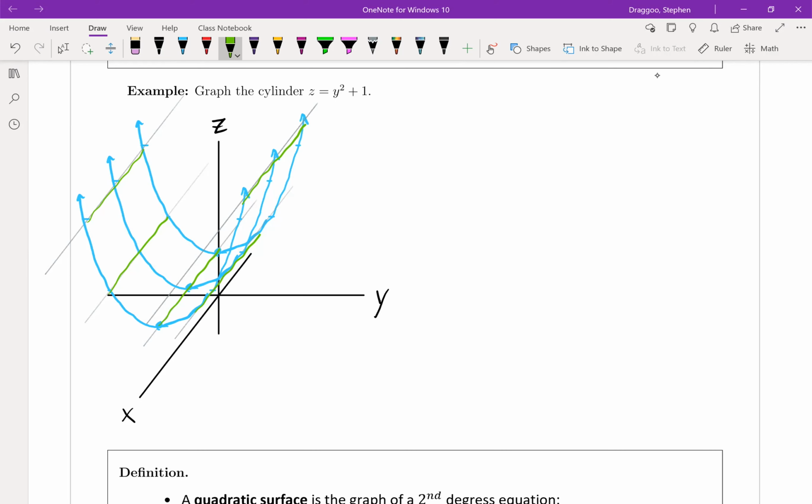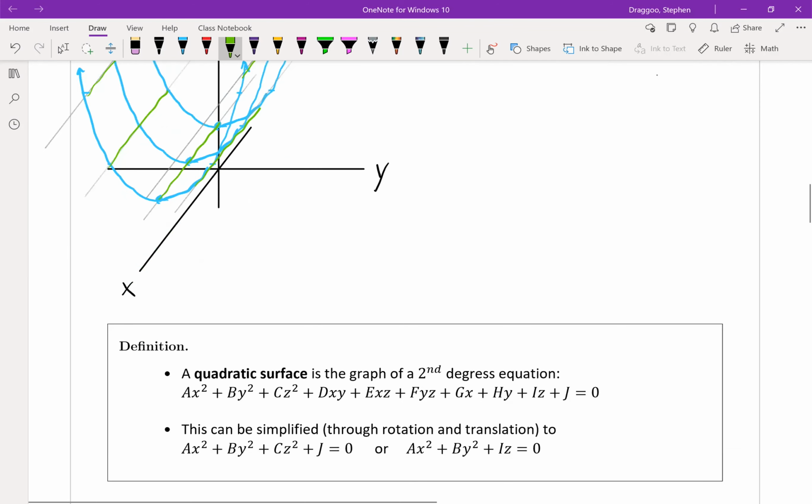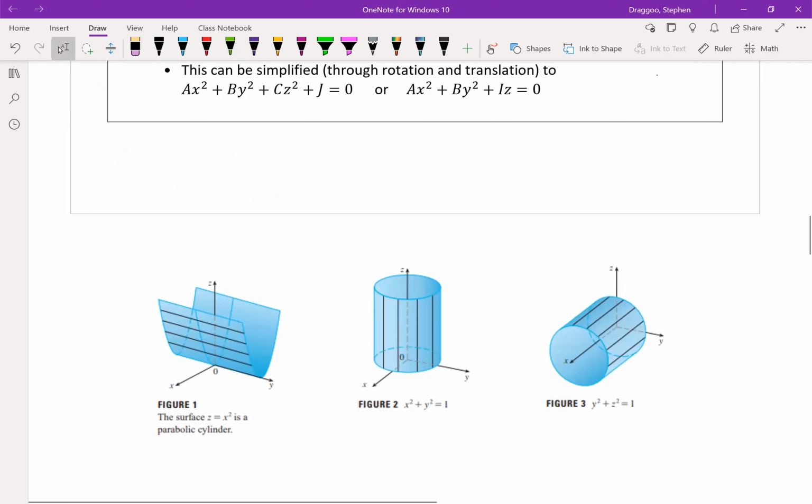I'm going to skip over the definition of a quadratic surface for just a moment to talk about these three figures, figures 1, 2, and 3, which all show shapes of cylinders. Let's start with figures 2 and 3, since if I said, think about a cylinder, you'd probably have an image like 2 or 3 pop into your head. I want to extend that into the mathematical definition of a cylinder.